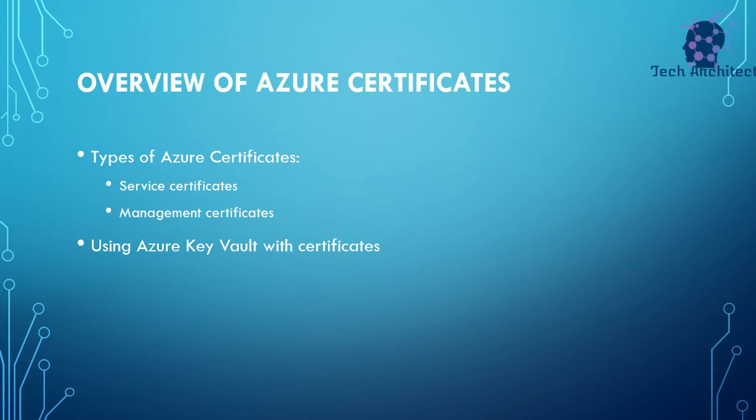Service certificates are associated with a specific cloud service. They are assigned to a deployment in the service definition file. Management certificates allow you to authenticate with the classic deployment model. Many programs and tools, such as Visual Studio or the Azure SDK, use these certificates to automate the configuration and deployment of various Azure services.